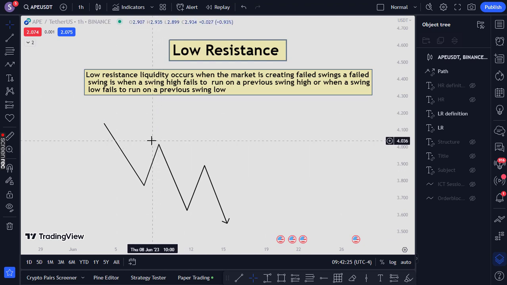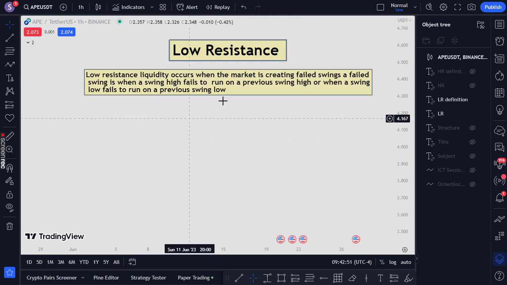So we have liquidity here and here. So we are engineering liquidity. This swing couldn't take liquidity from here. So this is engineering. The retail traders will see this as a trend line as the market is bearish, but smart money is generating liquidity, engineering liquidity to be taken next. So this is low resistance liquidity run.